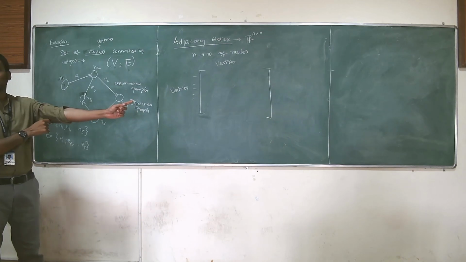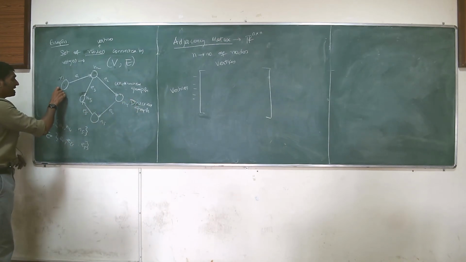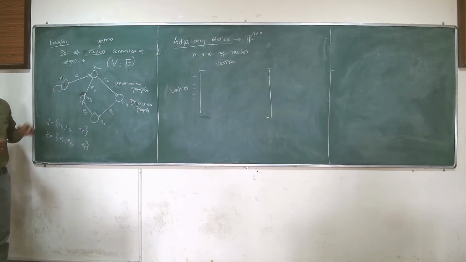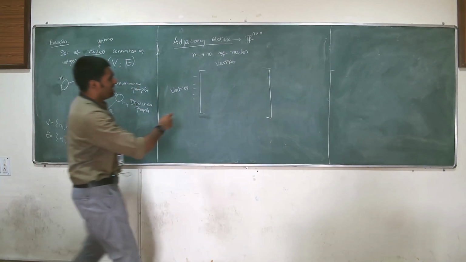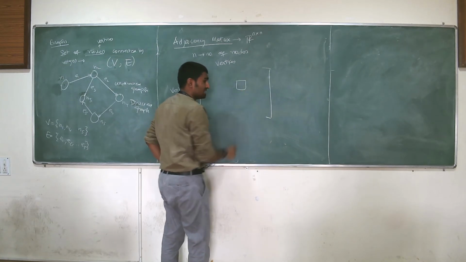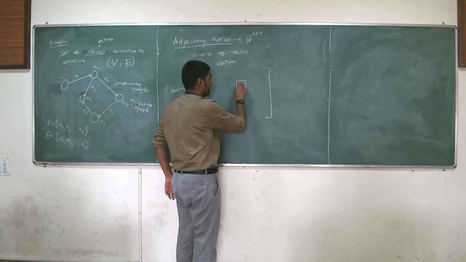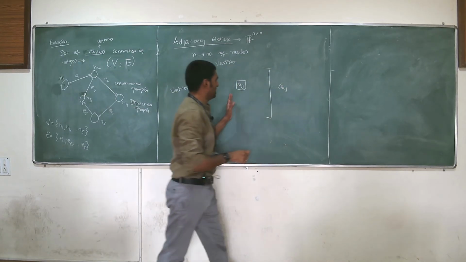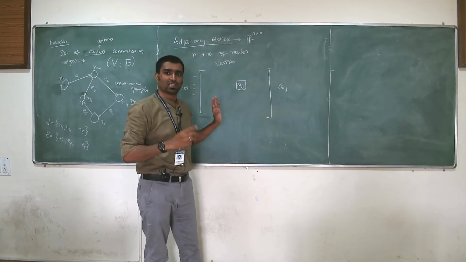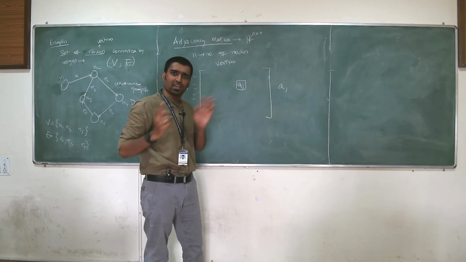If you're talking about undirected graphs, we will never have a connection back to a node itself. Okay. And an element here in the adjacency matrix, Aij, simply tells you, for now, let's say we are simply interested in whether or not there is a connection between node i and node j.